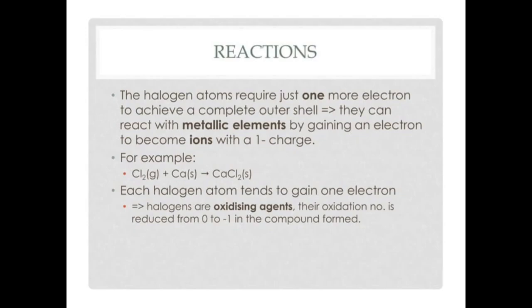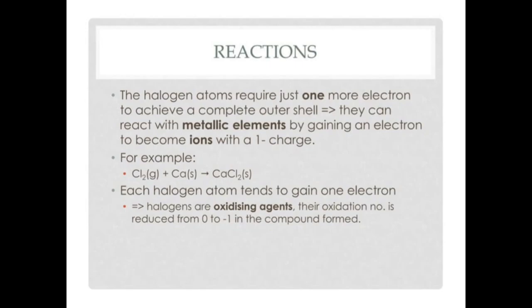And as such, because they will be accepting electrons, especially from metallic elements, they react easily with group 1 and group 2 elements, especially group 1. When they react with group 1 and group 2 elements, they form ionic compounds.